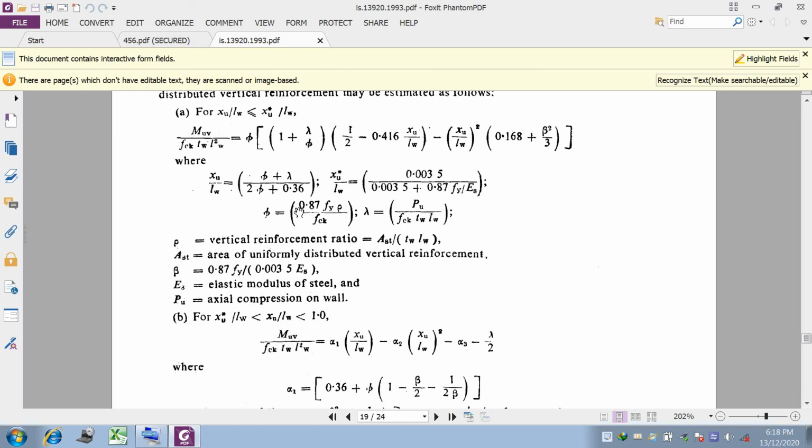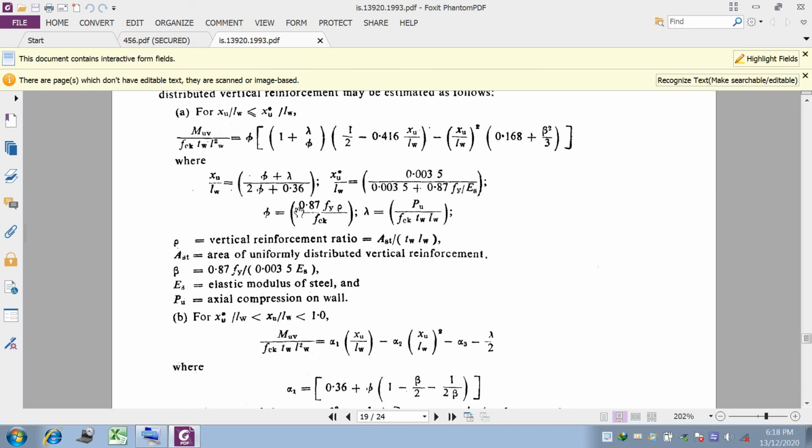You must understand that IS 13920 is focusing on ductile detailing, so here the procedure is somewhat more tedious than that of IS 456.